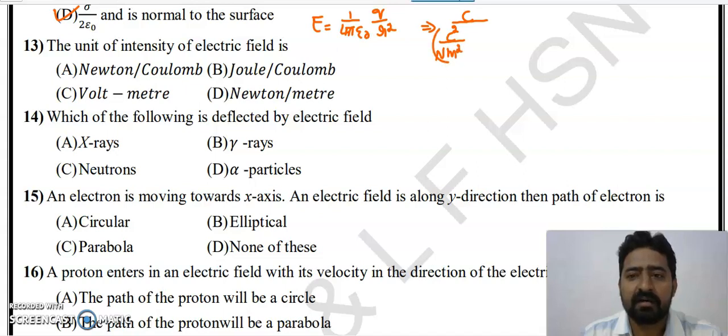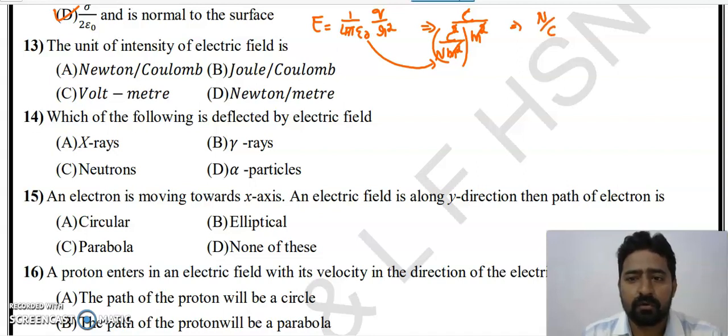Epsilon naught is called the electric permittivity of free space. R square is meter square. So meter square cancels, one coulomb cancels, and finally the unit is Newton per coulomb.